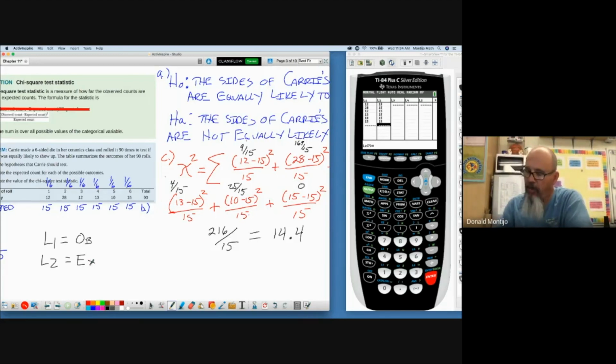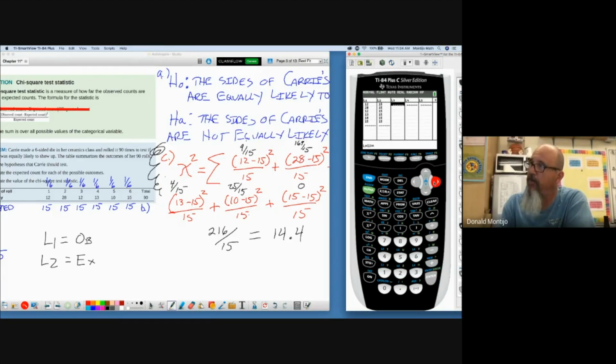Now let's let the calculator do all of the calculations we did here by hand. If I go over to list 3, remember, if we want to put a formula in, we have to make sure that we've highlighted the heading up at the top. I want that to do the formula, which is chi-squared equals the summation of O minus E squared divided by E. Well, O is list 1, so I'm going to say list 1 minus the expected, that's list 2.